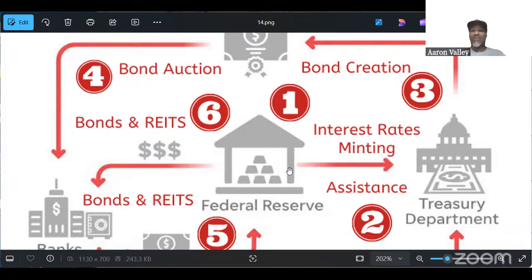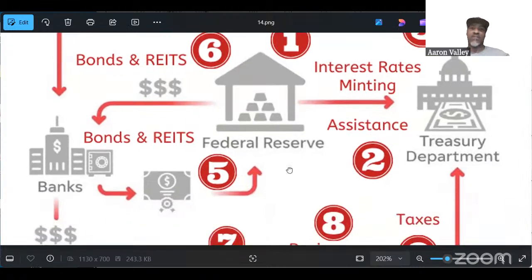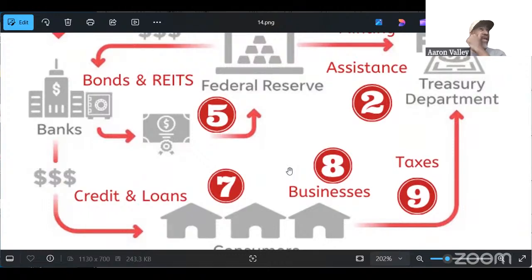All right. So now let's get back to the rest of the system. Because now the banks, just like they created the real estate, they got all these other loans, right? They got car loans, student loans, home loans, refi loans, construction loans, credit lines. And now you look at 7, that's what that is. You got people and businesses, 7 and 8. They're giving the credit and loans to the people and the businesses.